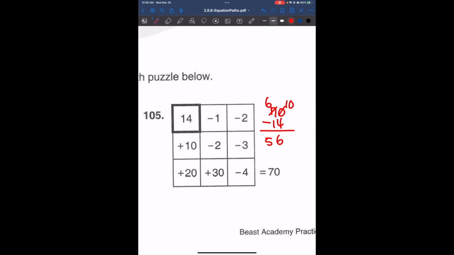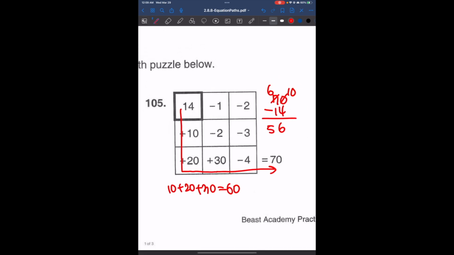And so if we pass through the 10 and go through 20 and 30 as well, we have 10 plus 20 plus 30, which is 60. And now 60 is greater than the number 56 that we want, so we need to subtract 4. And we have minus 4 right here, so we can just go like this.